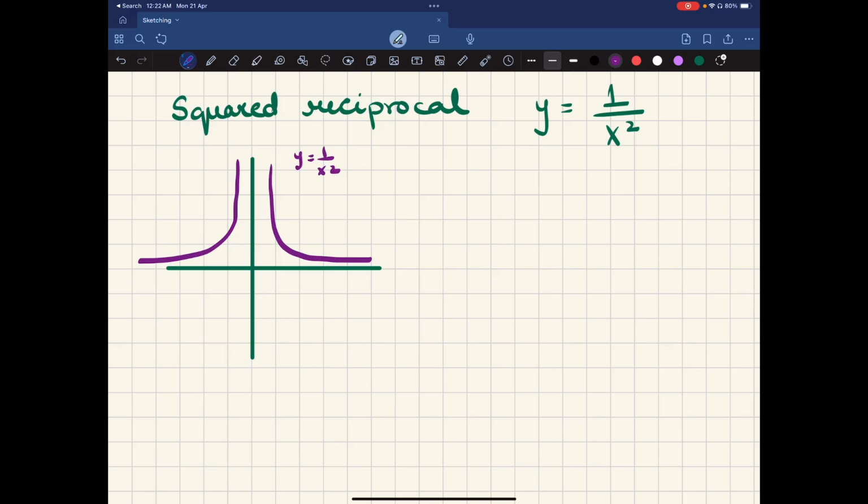I would suggest that you memorize it, but also understand why this is the shape of a squared reciprocal function.